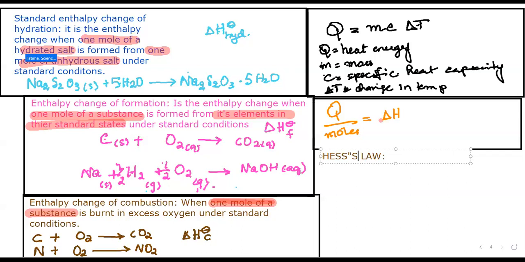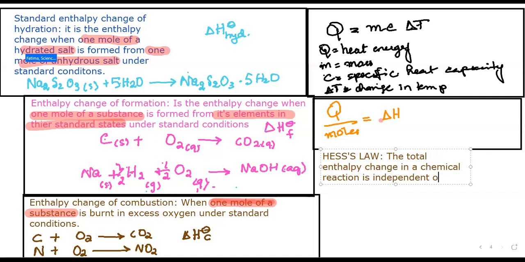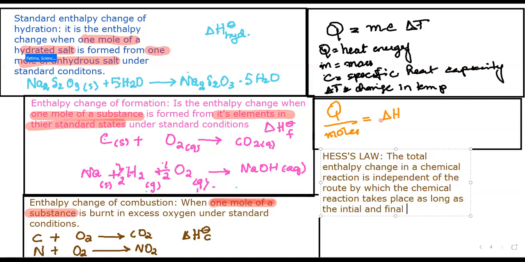Hess's law basically states this: the total enthalpy change in a chemical reaction is independent of the route by which the chemical reaction takes place, as long as the initial and final products are the same.